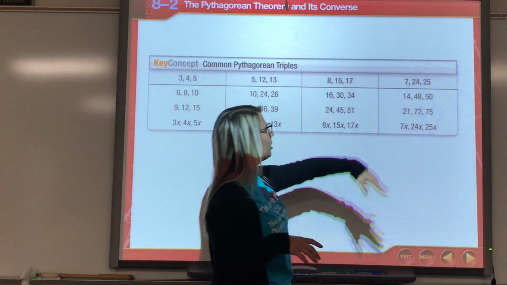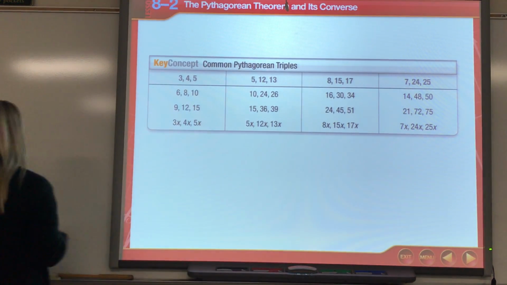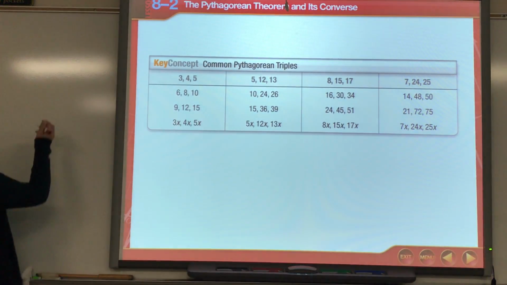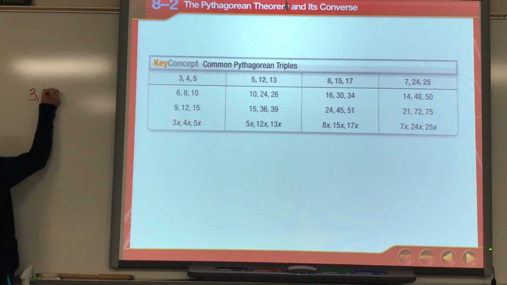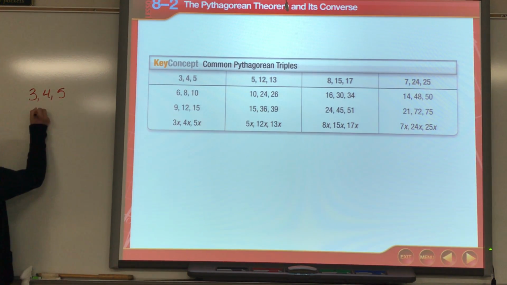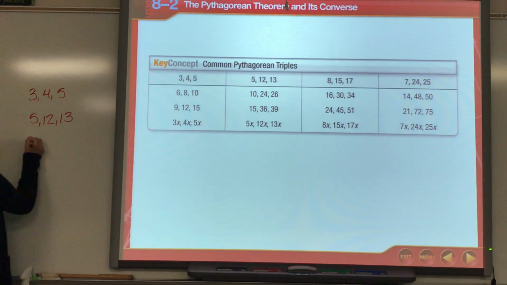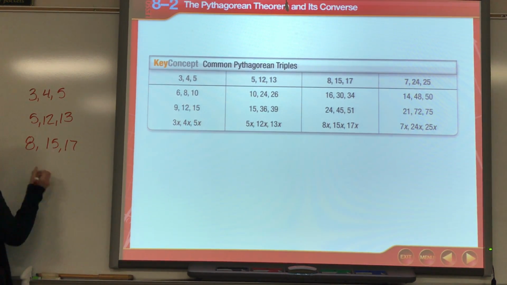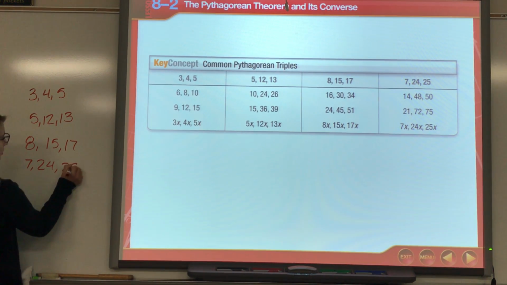These also work, so let's jot these down on the sideboard so we remember them. We have 3, 4, 5; 5, 12, 13; 8, 15, 17; 7, 24, and 25.